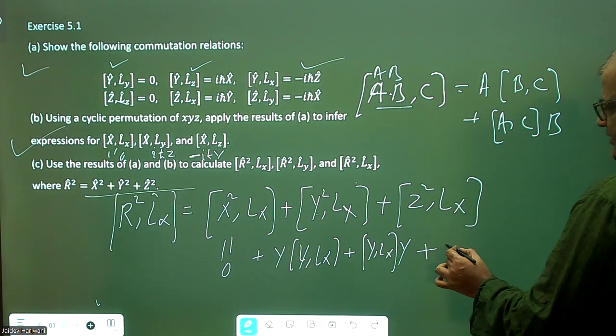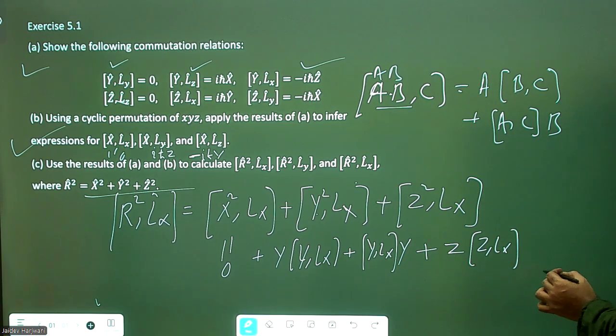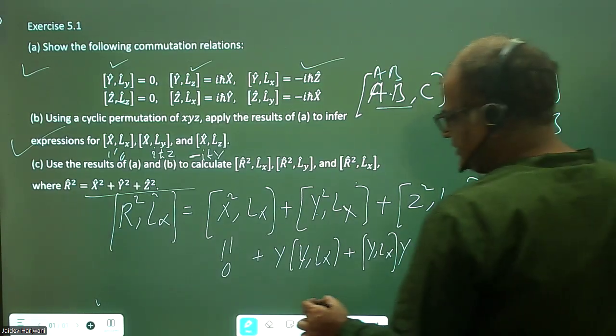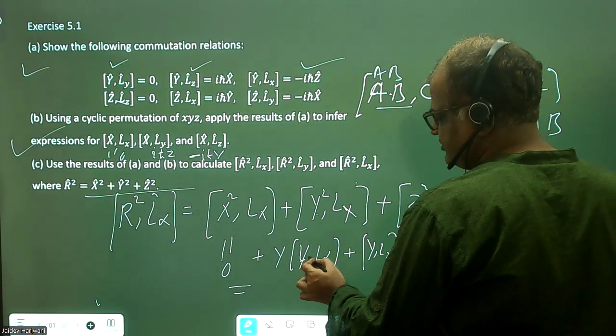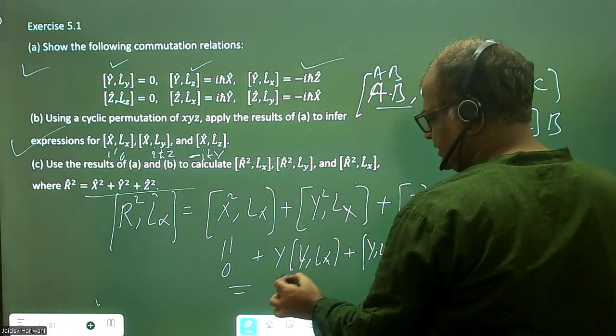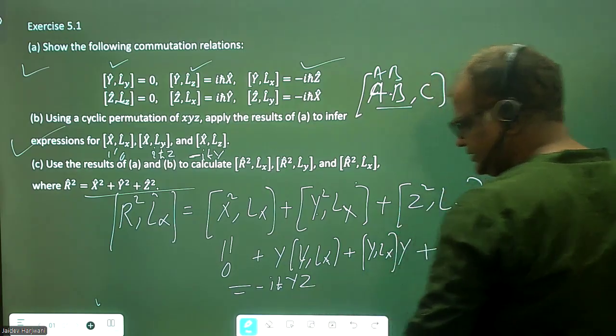Similarly, here z, Lx will come, and then z, Lx with z. Now you can write y, Lx is minus iota h cut z, and then y will come.